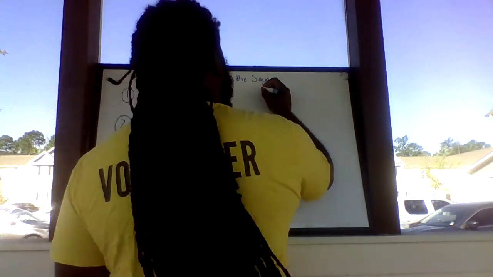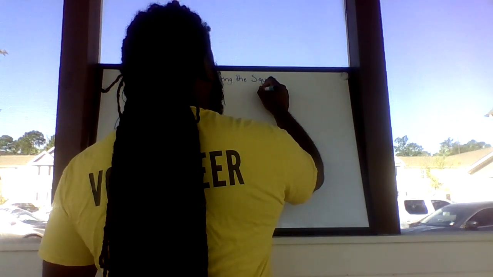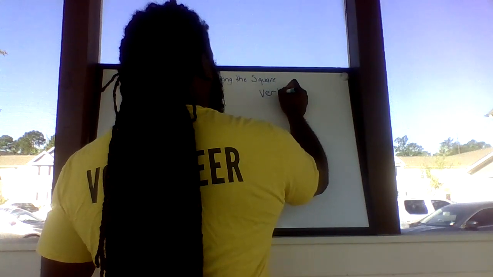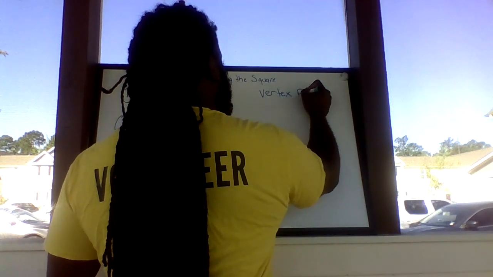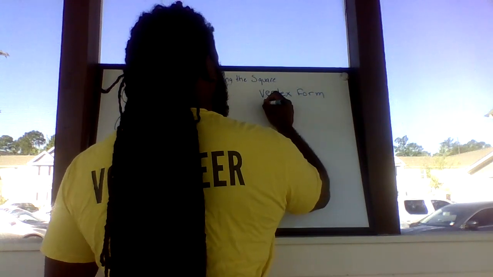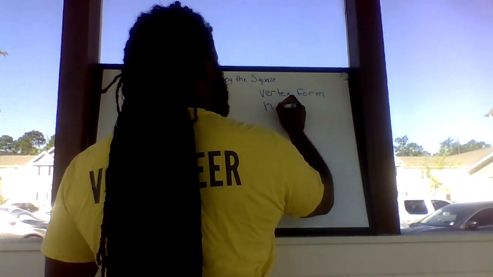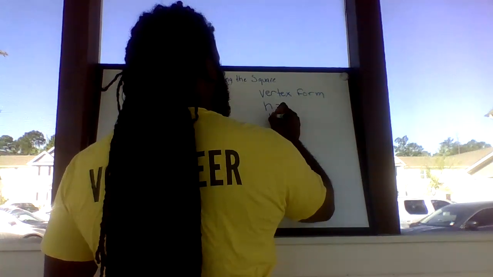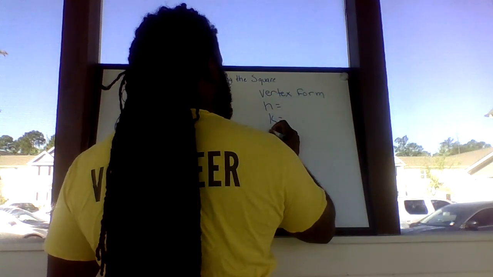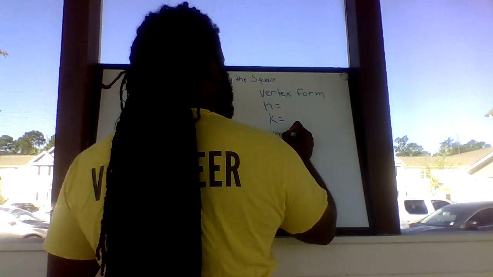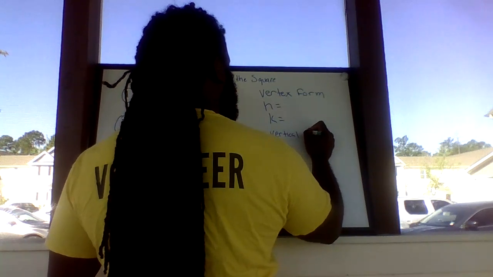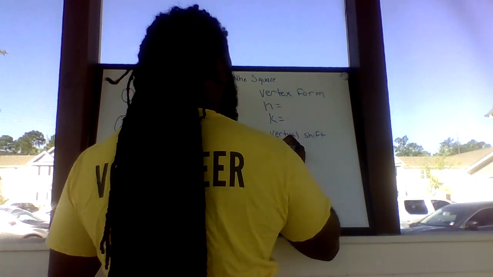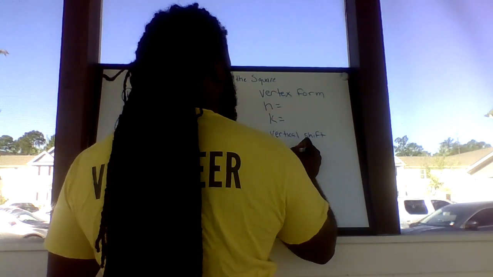All right, what I want you guys to give me is vertex form. Let me know what your h equals. Let me know what your k equals. Let me know your vertical shift and horizontal shift.